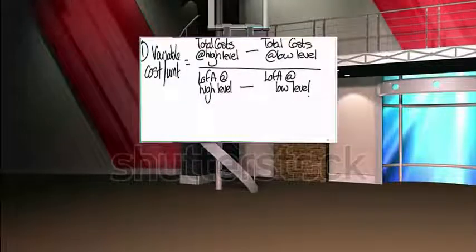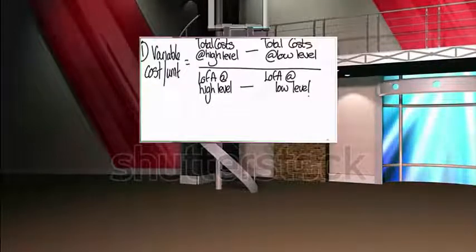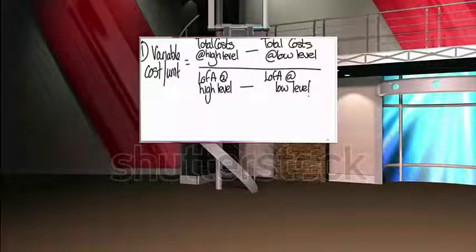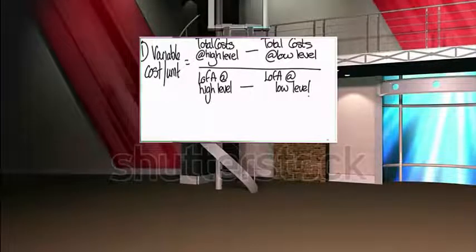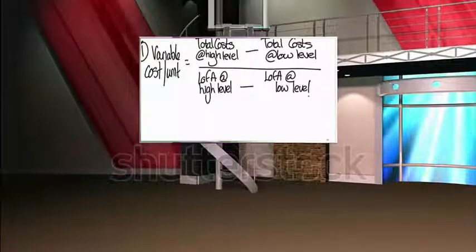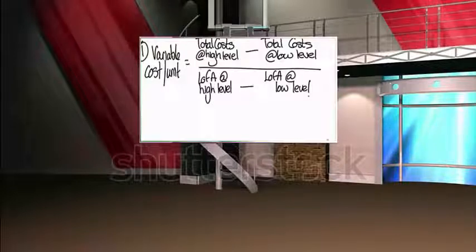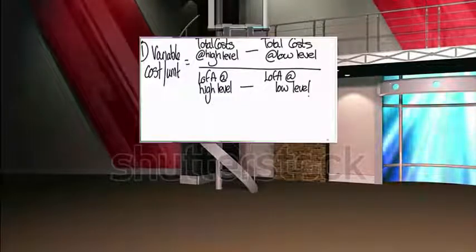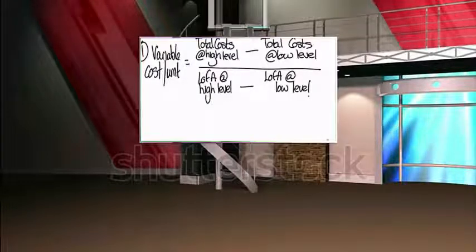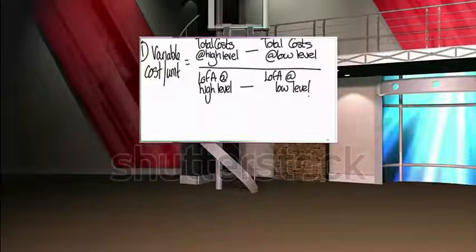Remember, we are assuming that there is a linear relationship between our low-level data and our high-level data. And we assume that that line represents the relationship between total cost and level of activity. If that is the case, it means that all of the change in our total costs at each level of activity is due to the change in the number of units we're producing.